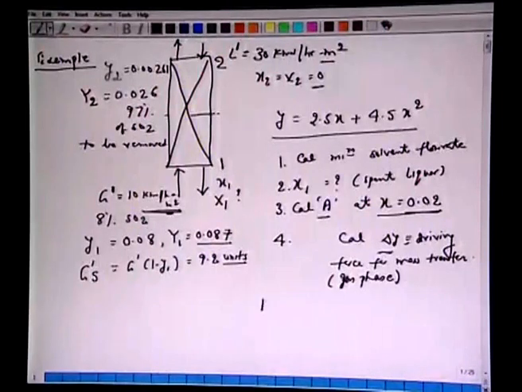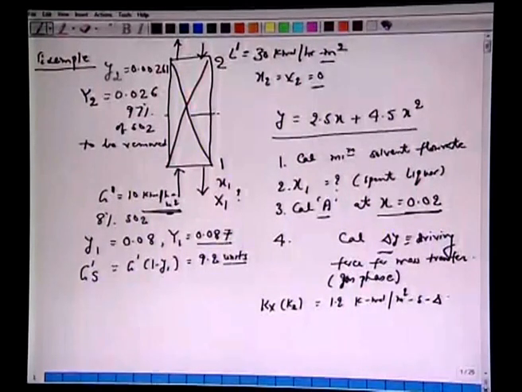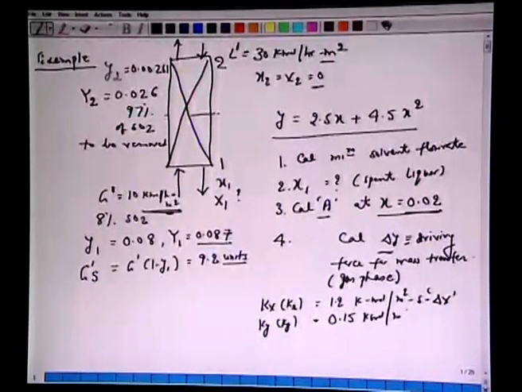The given quantities are Kx or KL as 1.2 kilomole per meter square per second per delta x, and Ky or KG as 0.15 kilomole per meter square per second per delta y. And all of this is at the same location, at x equal to 0.02.